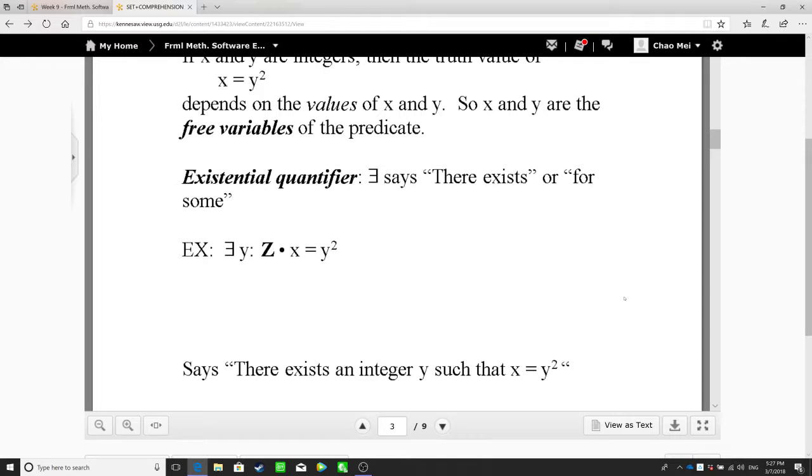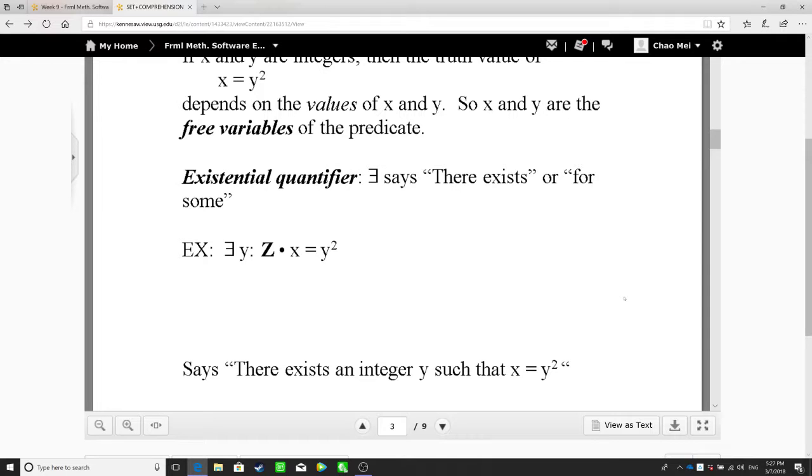There exists an integer y such that x equal to y squared. Yes, this is true. If you don't think this is true, you can give me a value of x and y that makes this not true.